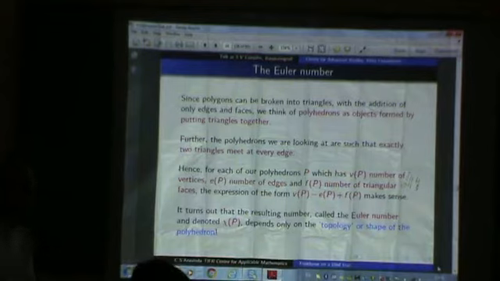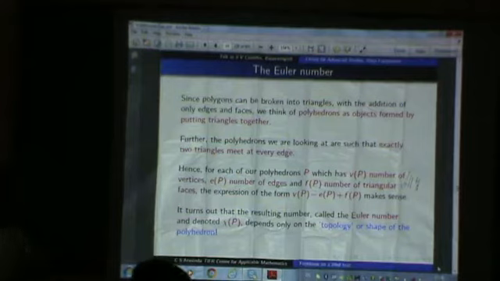When I make boxes, the boxes will have a certain number of corners or vertices, a certain number of edges, and a certain number of faces. That's what I call each polyhedron box. Now, instead of working with regular ones, I'll make boxes out of different ones.